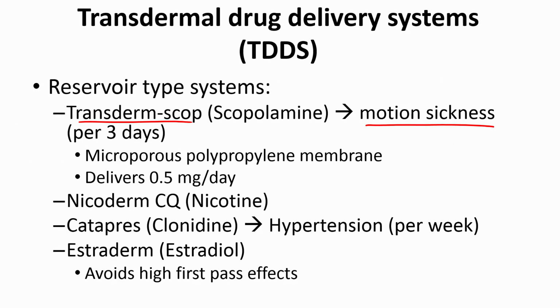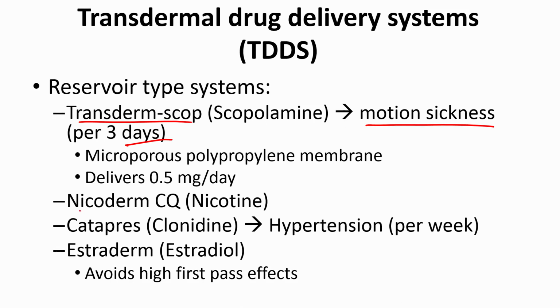If somebody is travelling, let us say, from north of India all the way to south of India in buses or trains, it may take up to 2 to 3 days to travel that. So these patches become very useful. They can put these patches on their skin, and this will be effective for about 3 days, and that will help them not feel nauseated and be healthy during the travel.